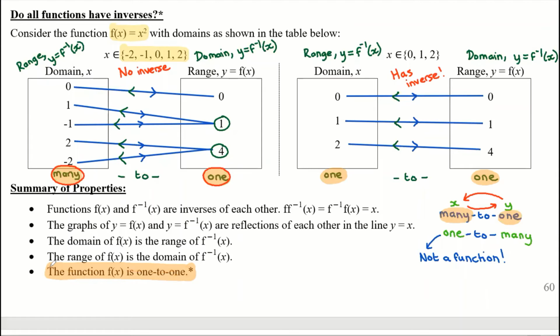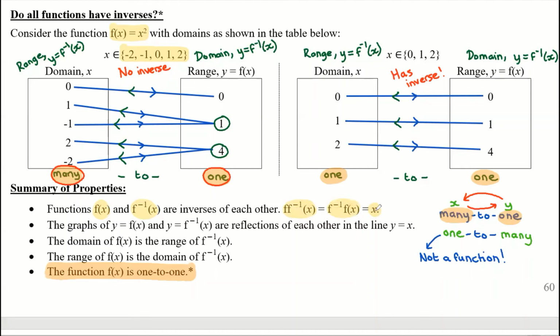And this is one of the many properties of functions and their inverses, so we'll just go through them briefly. f and f to the -1 are inverses of each other. So f is the inverse of f to the -1, and f to the -1 is the inverse of f. And as you've seen, if you compose them together, it doesn't matter which way you do it, they undo each other. So f undoes what f to the -1 does, and vice versa, and you're left with the input.